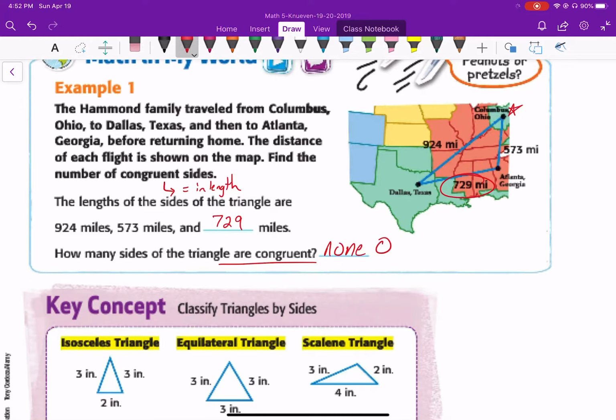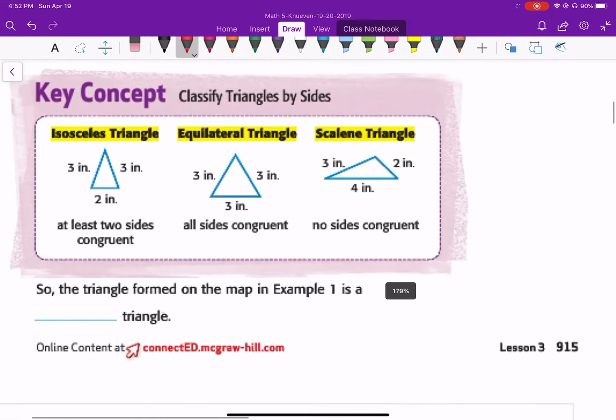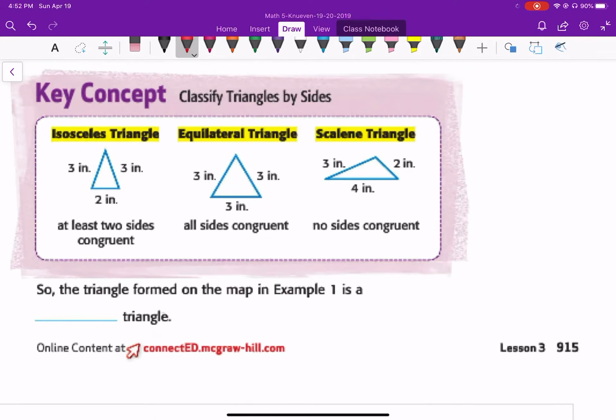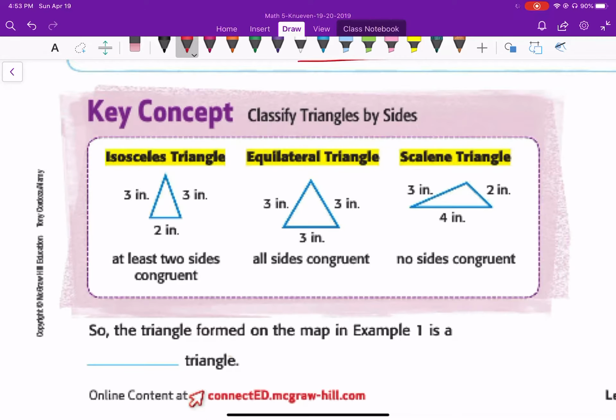All right, so when we classify triangles based on length measurements, we categorize them in one of three ways. The first one is isosceles. An isosceles triangle has at least two sides that are congruent. So when I look at an isosceles, I have this leg and this leg here, 3 and 3.